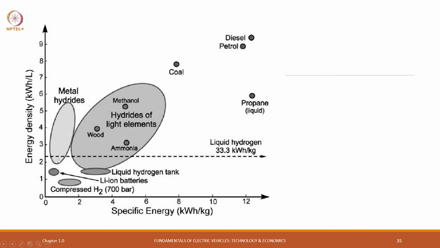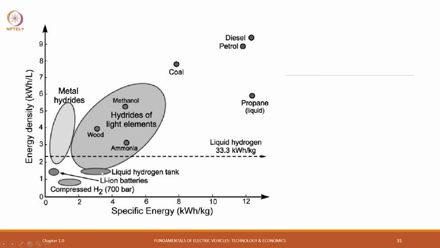If we do a liquid hydrogen tank, we get better, but then liquefying the hydrogen has to be done. And then you see all other kinds of metal hydrides, methanol, hydrides, coal. Coal is also very good. Liquid hydrogen is 33.3 kilowatt hour per kg, very good.